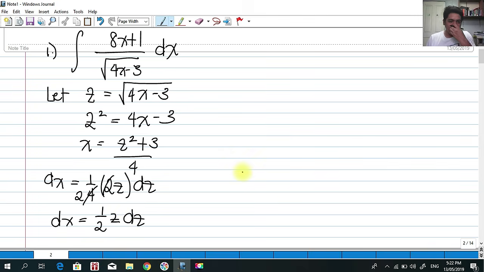Okay. Once we've done that, we can simply substitute these variables into our integral such that we can find now the integral of 8x. What is the value of our x? The value of our x is given by this. We have z squared plus 3 over 4, plus 1.